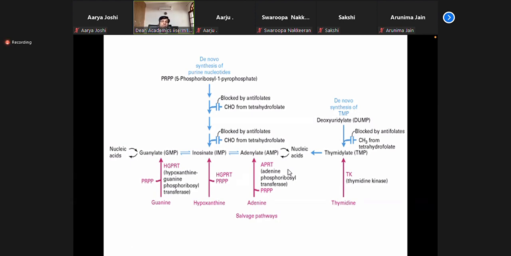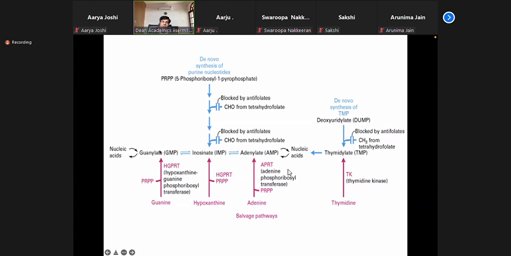The other name of this aminopterin is antifolates. Now if, for example, this aminopterin is not present in this medium, then through different steps, PRPP in short, this 5-phosphoribosyl 1-pyrophosphate, can generate inosine monophosphate, which can then be converted into either guanylate or adenylate, AMP or GMP.